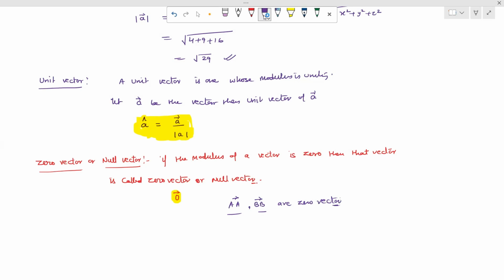Now we move to the next definition, that is equal vectors.